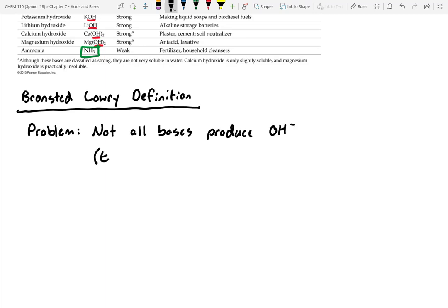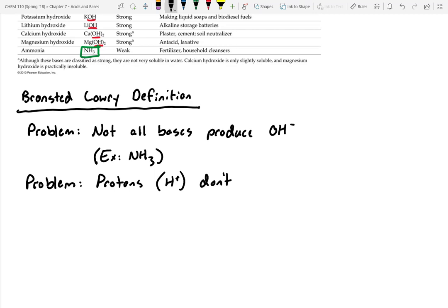And the example that they looked at was ammonia. And then the other problem that people realized later was that protons, H+, don't exist in solution.